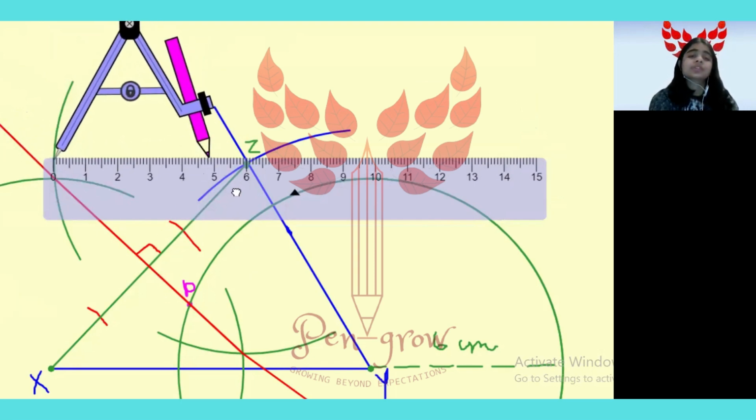See, so this is around 4.8 centimeter, right? So I can now say that PX is 4.8 centimeter.